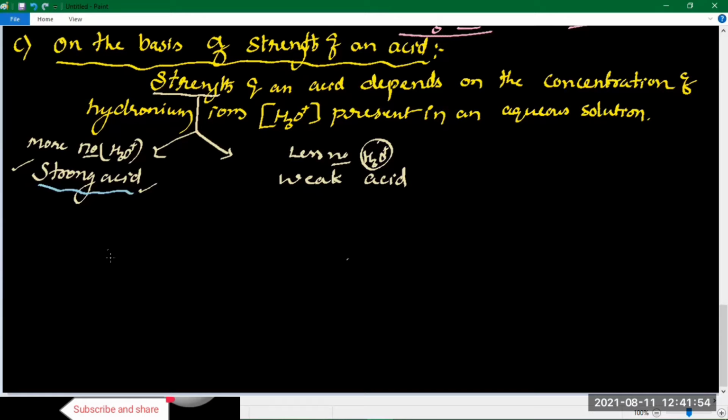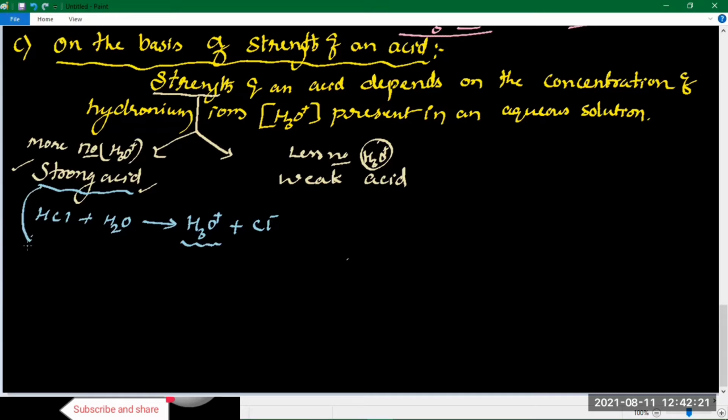Strong acids are the acids which dissociate almost completely in aqueous solution. When you dissolve an acid in water, that acid completely dissociates to give the maximum number of ions, so more H3O plus ions are produced.